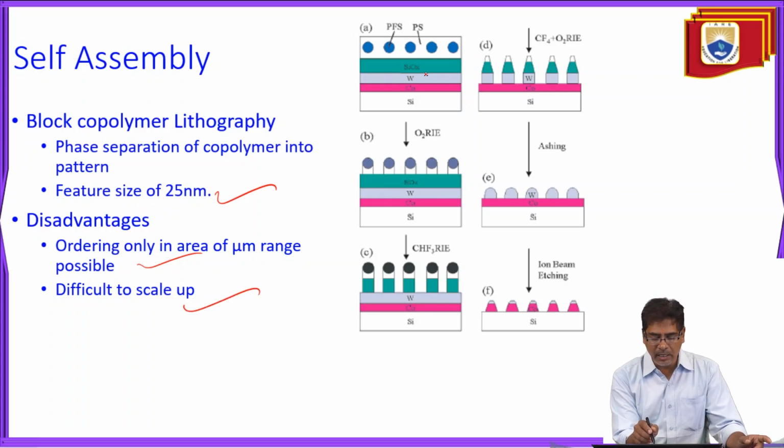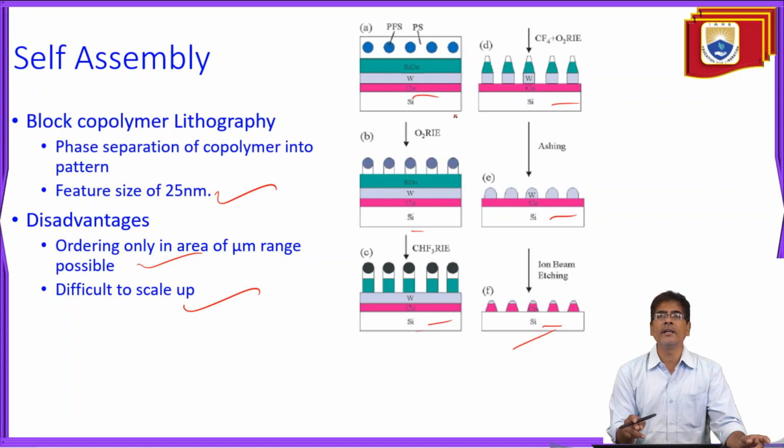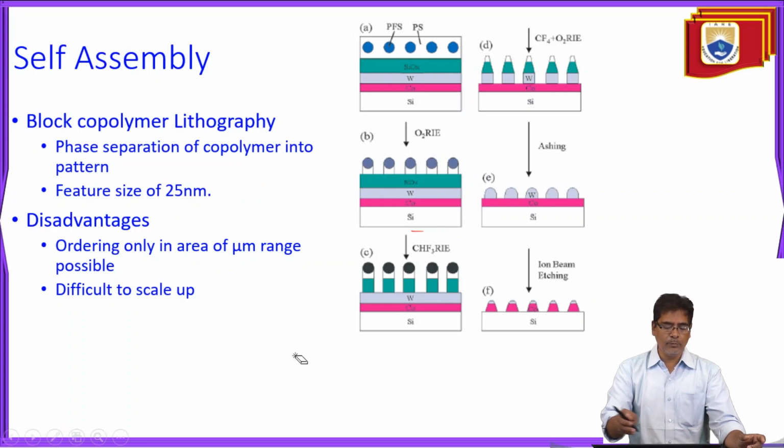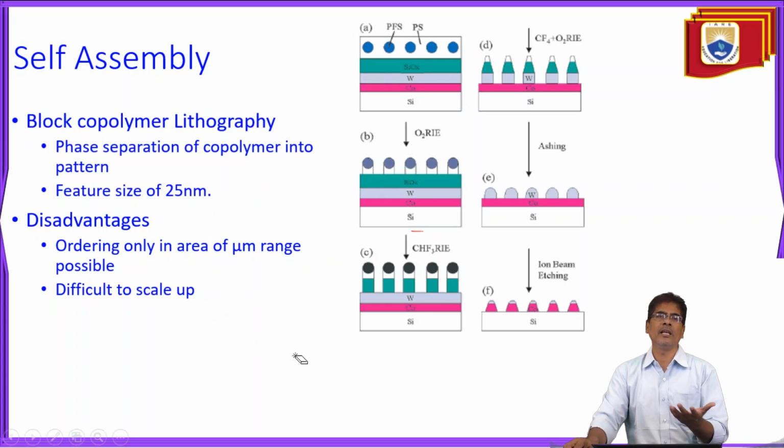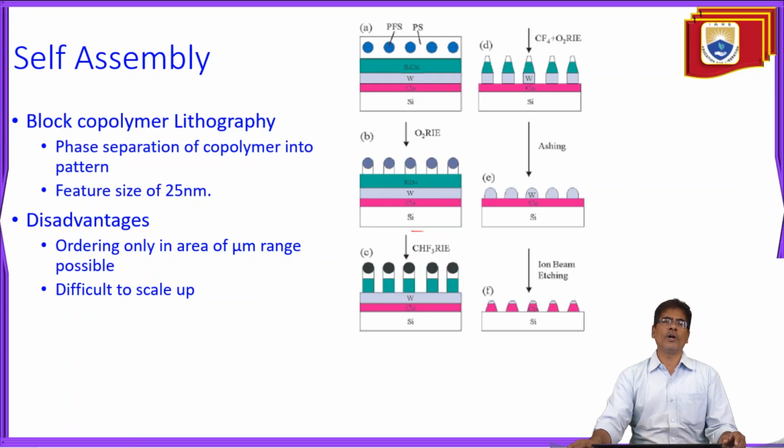In fabrication, people use a silicon wafer, then etching is done with chemicals using polymer lithography, so the polymer is etched.